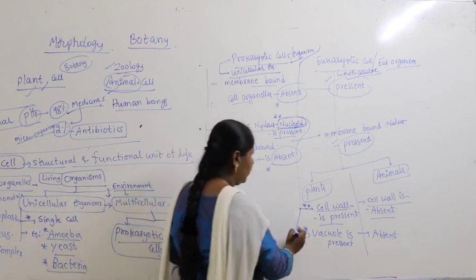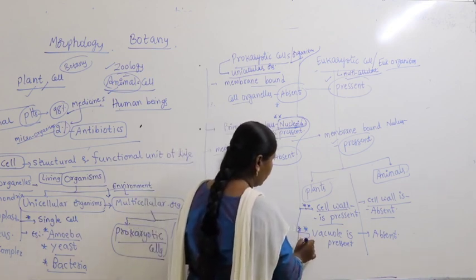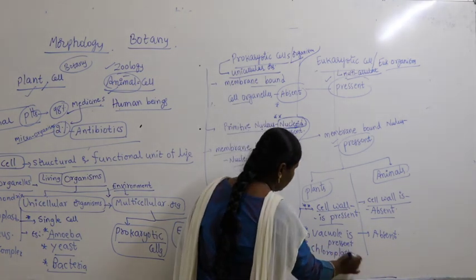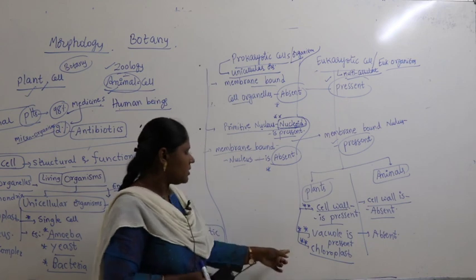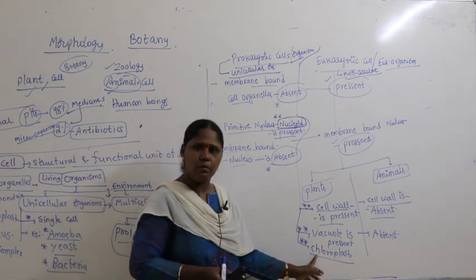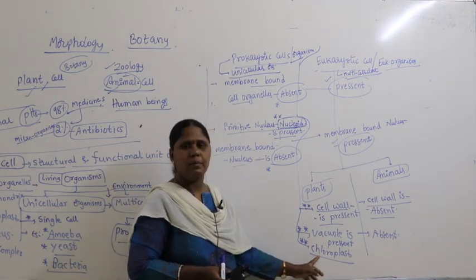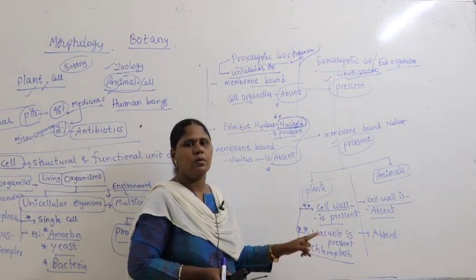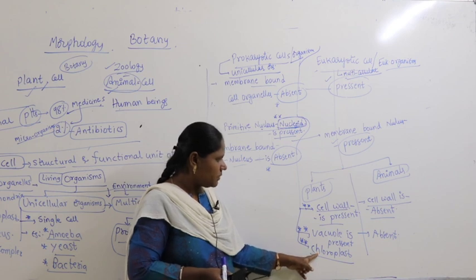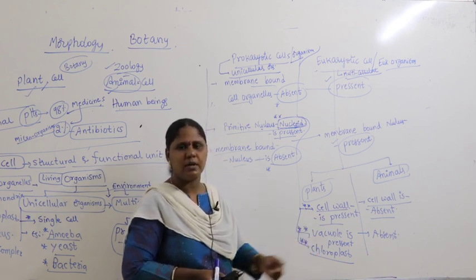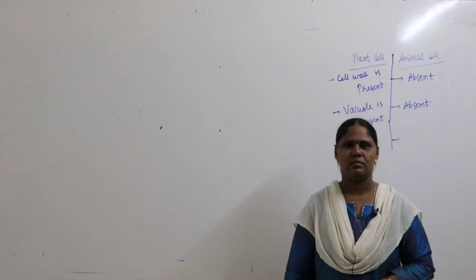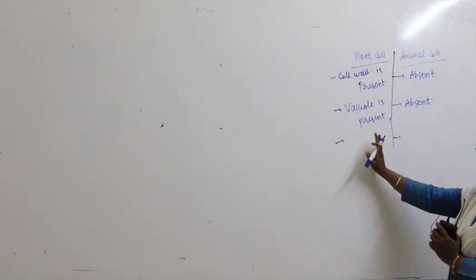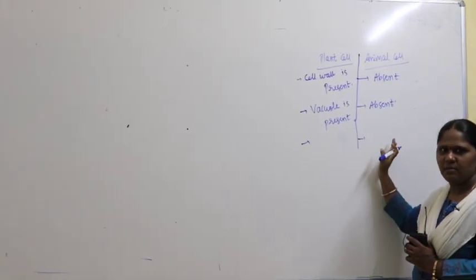Apart from this, we can say chloroplast. Chlorophyll is a pigment, and the chlorophyll pigment is present in the cell organelle called chloroplast. Chloroplast is present, and you know that it makes the appearance of green color. So we are making out clear differences between plant cell and animal cell.